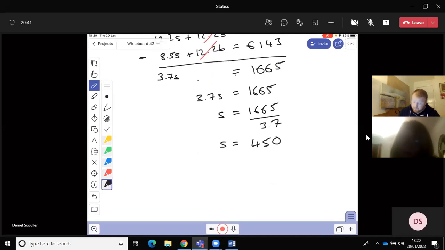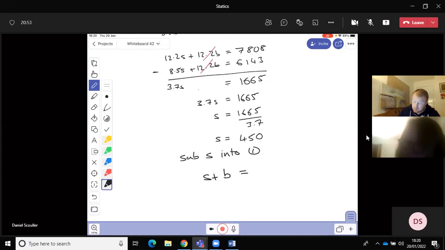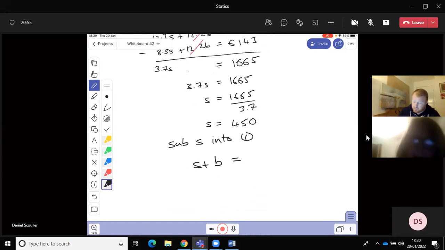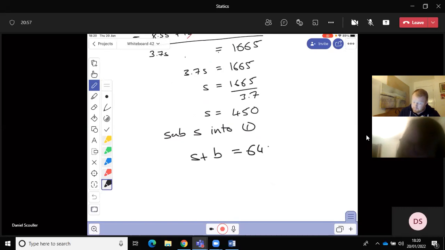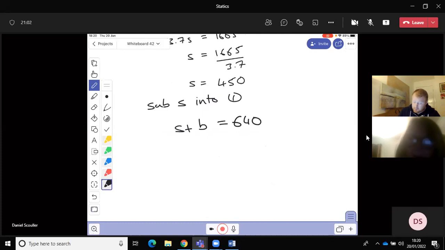We take that number, we substitute S into equation 1. Equation 1 is nice and easy to do that. Equation 1 was S plus B equals 640. S we know is 450, so we substitute that in. Where you see an S, we substitute that in.